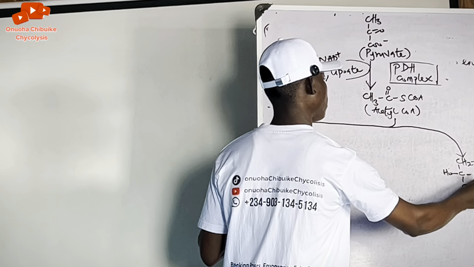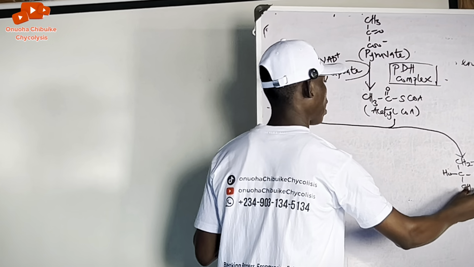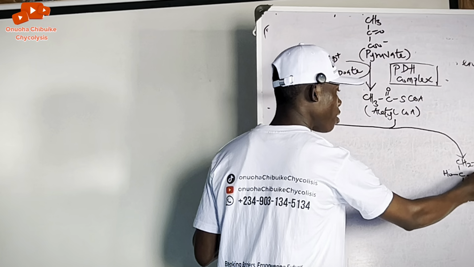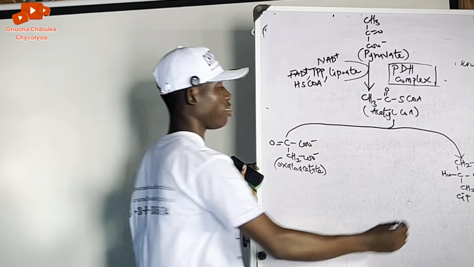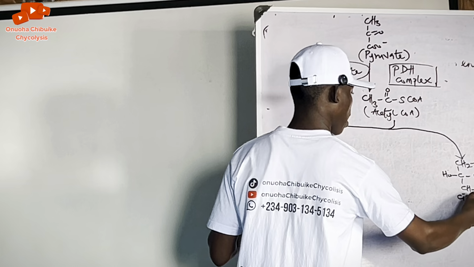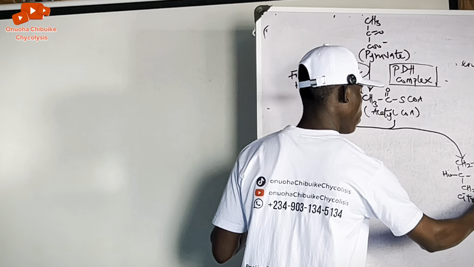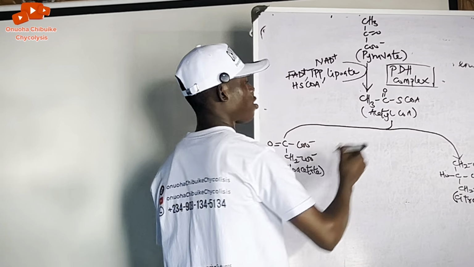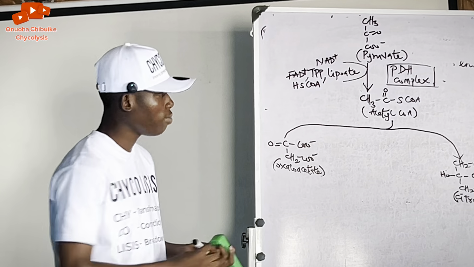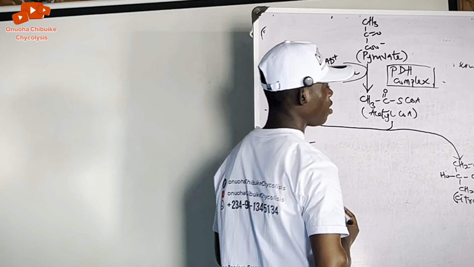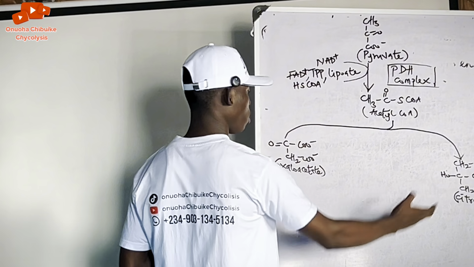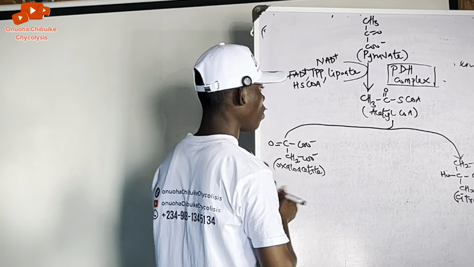So as you can see, citrate is the first molecule that is formed, and it contains 3 carboxylic acid groups. That's why it's called the TCA cycle. And it's called the CAC cycle because this is the first product that is formed.